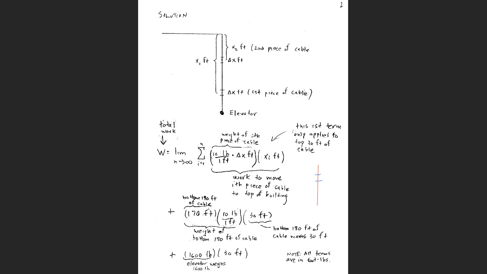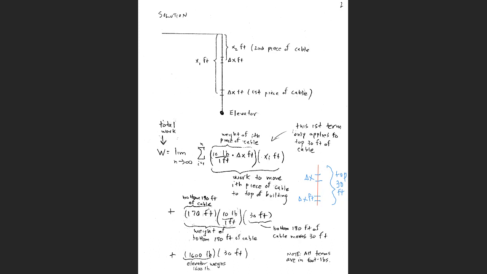And here's a piece of cable here, here's a piece of cable here. The length of this is 30 feet. So this is the top 30 feet of cable. Each piece of cable is delta X feet wide.